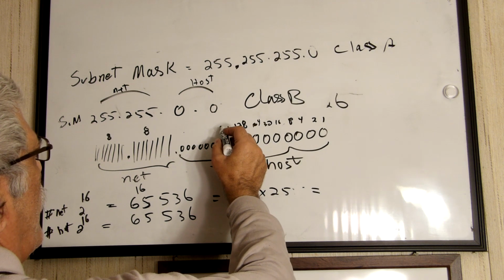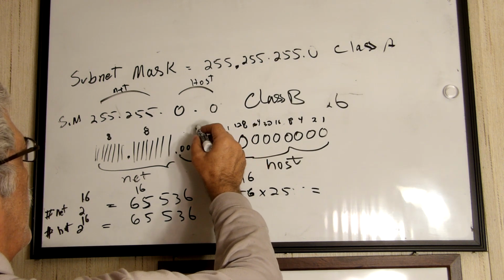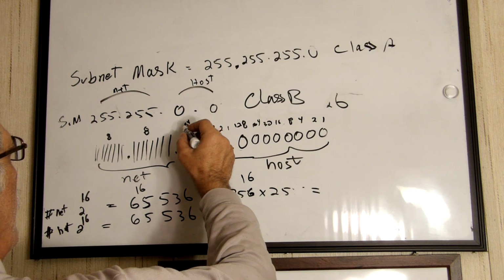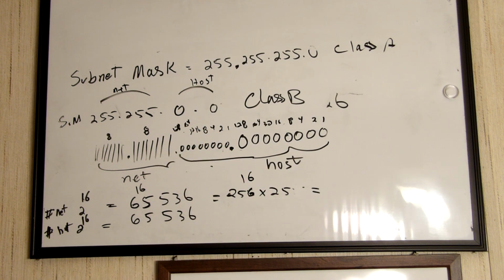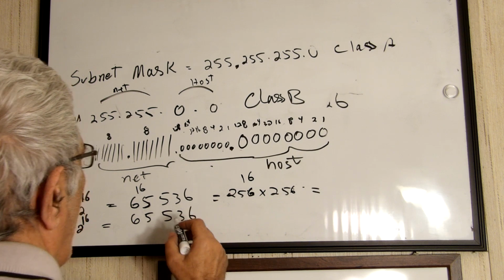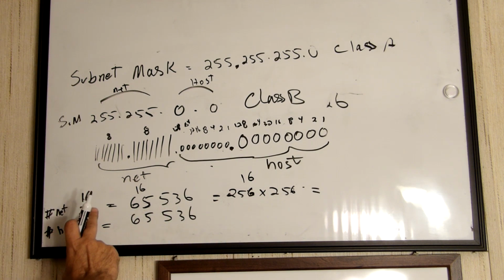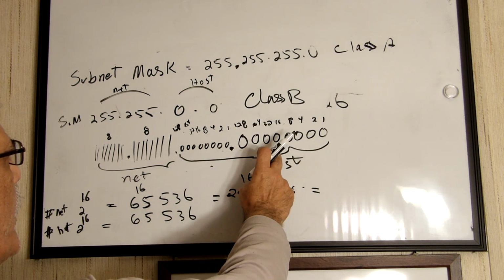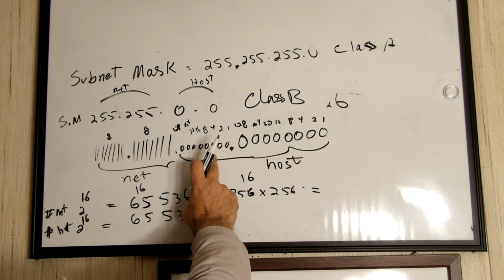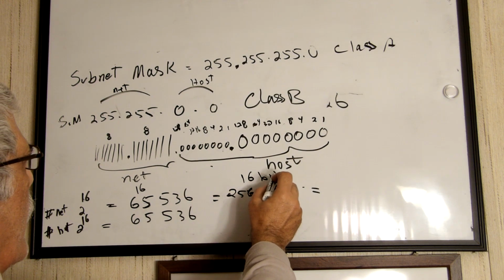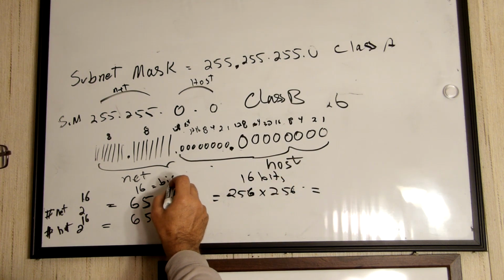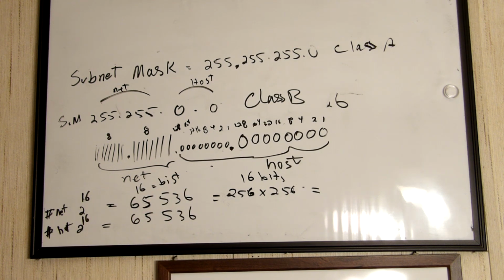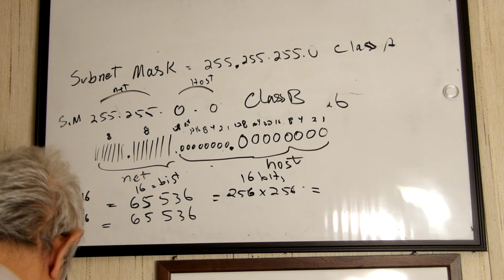This is again 1, 2, 4, 8, 16, 32, 64, 128, the same thing. The number of hosts, there are 16 bits of them. See, 8 bits, 8 bits, 16 bits. And this is 16 bit. They're equal. So the number of hosts and the number of networks are the same.